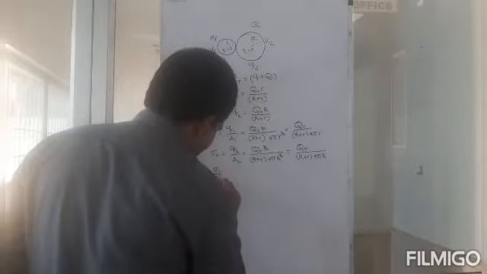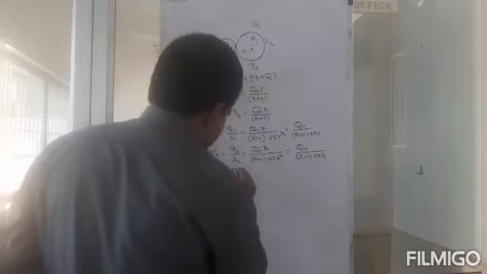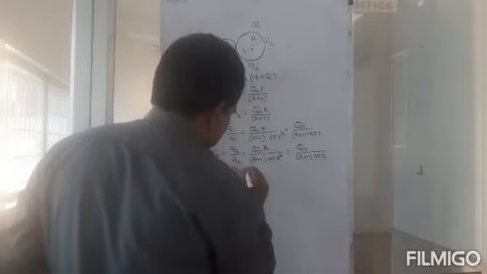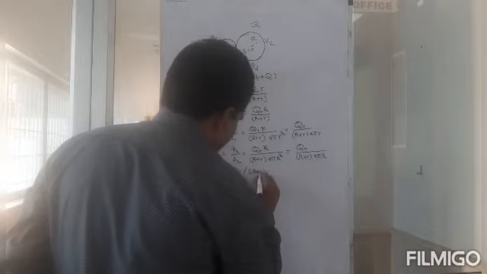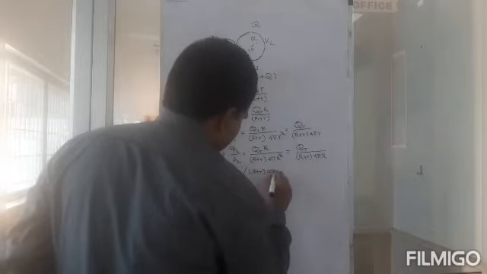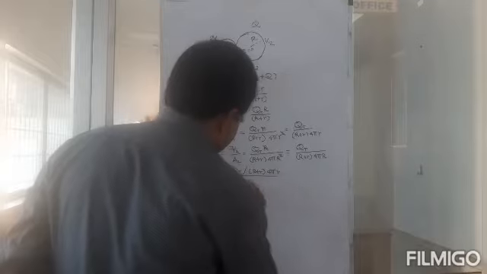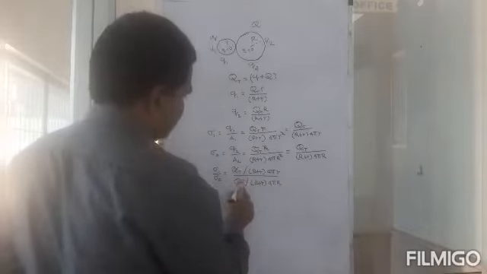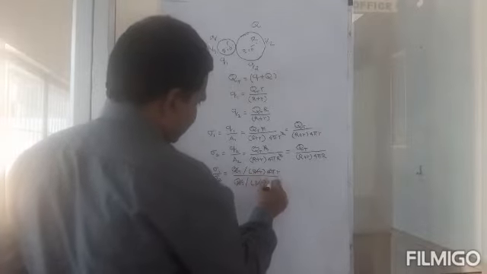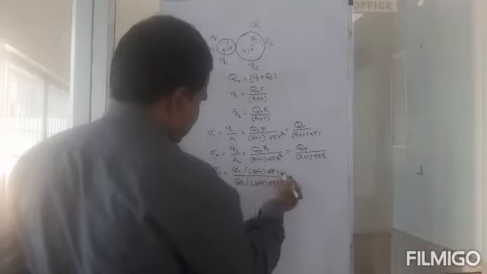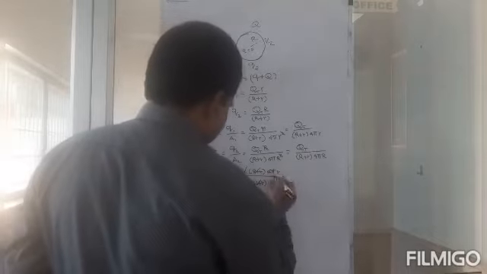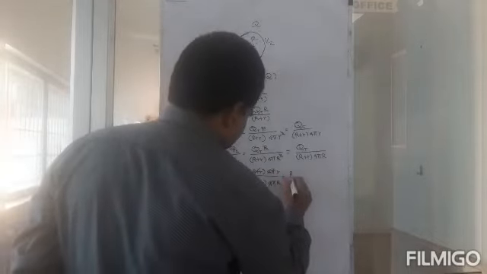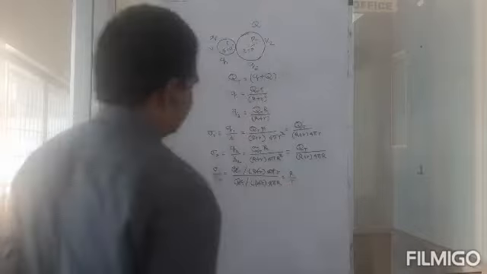Sigma 1 by sigma 2, and note that you have Qt by R plus r into 4 pi r divided by Qt by R plus r into 4 pi capital R. Qt and Qt will cancel, 4 and 4 will cancel, pi and pi will cancel. Then what I'm going to get now? I'm going to get capital R by small r.